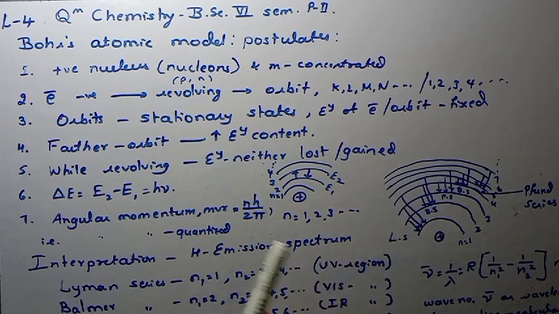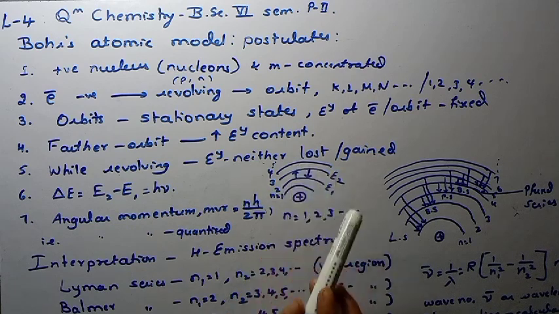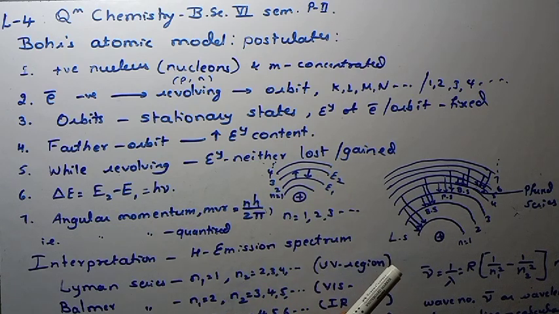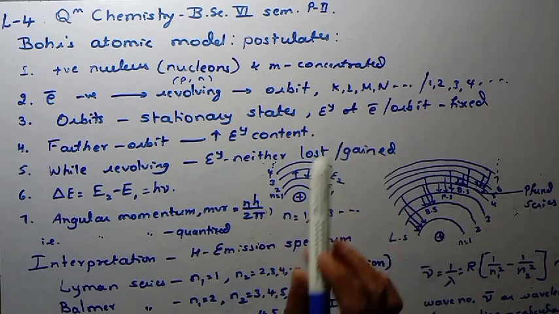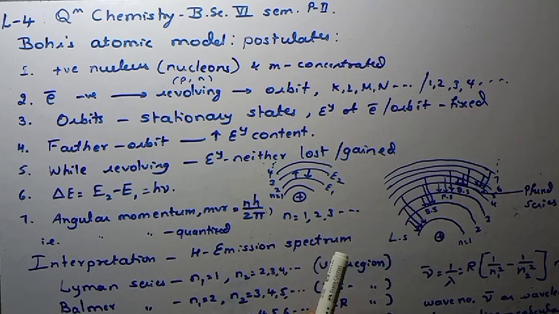The third point is that these orbits are said to be stationary states, because the energy of the orbit, or the energy of the electron, will not change. They are fixed. Hence they are called stationary orbits, stationary levels or states, and the energy of the electron remains constant in that orbit.